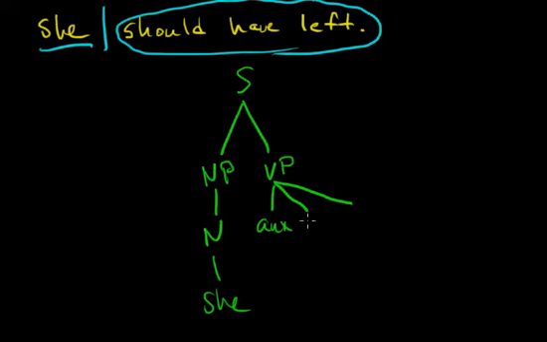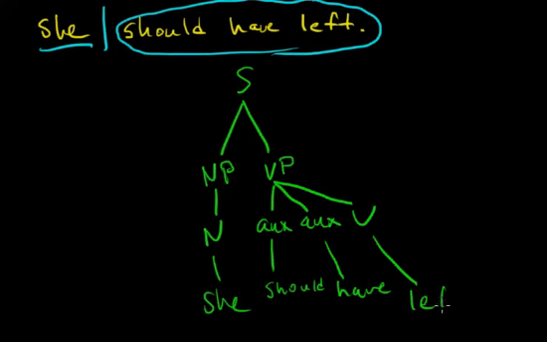Write AUX for auxiliary, AUX again for our second auxiliary, and V for our verb. Our first auxiliary is should. Our second auxiliary is have. And our verb is left.